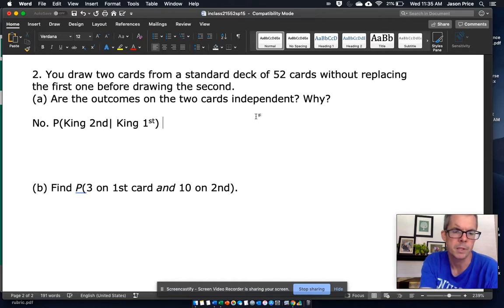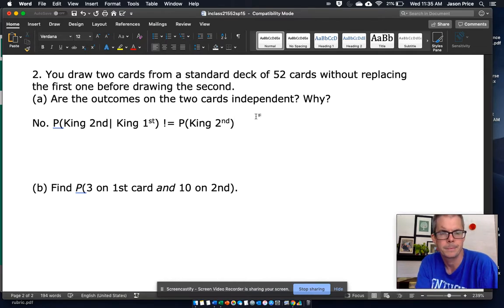is not equal to, I don't know how to do strike throughs of equal signs, so I'll say exclamation point equals, the probability of pulling a king on the second pull, if I don't know what I pulled out first.